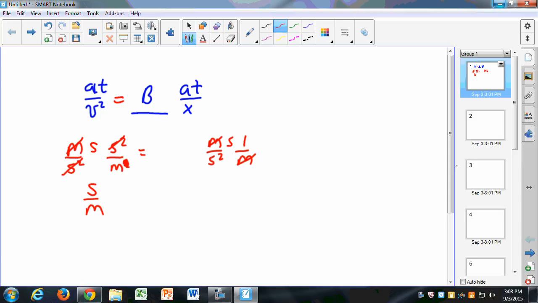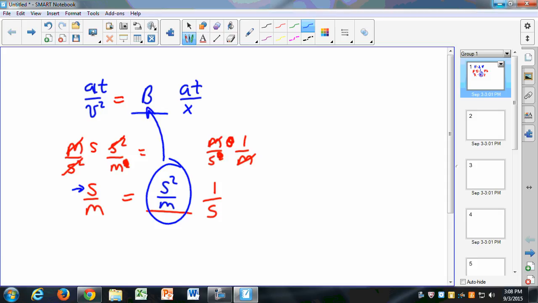One of these cancels with this. And so I'm just left with 1 over seconds. So I want to figure out some variable b that will cause this equation to be dimensionally correct. I'm going to need a second squared up here to give me a seconds over here, and I'm going to need a meters over here. So the units of b would be second squared over meter.